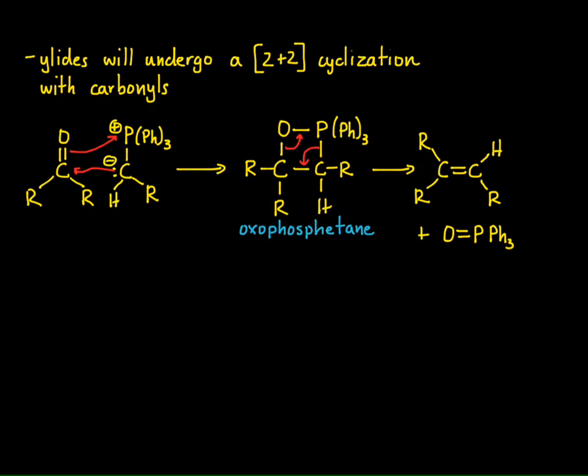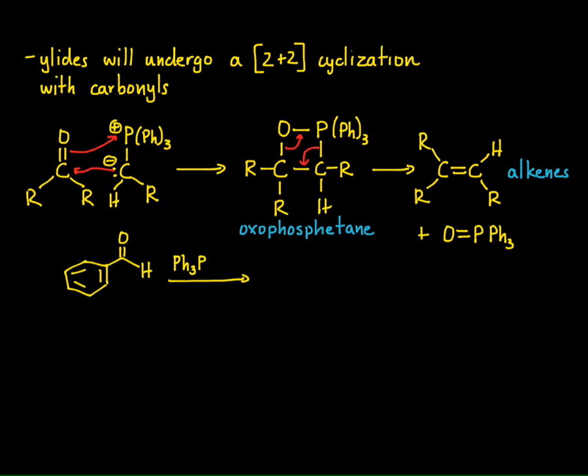But the key is to note that I produced an alkene from a carbonyl and an ylid. So the carbonyl reacts with an ylid to produce alkenes. And this is very reminiscent of what we've seen throughout this chapter of nucleophiles attacking the carbonyl at the carbon, and electrophiles attacking the carbonyl at the oxygen. So this is kind of the best of both worlds here in this particular reaction.